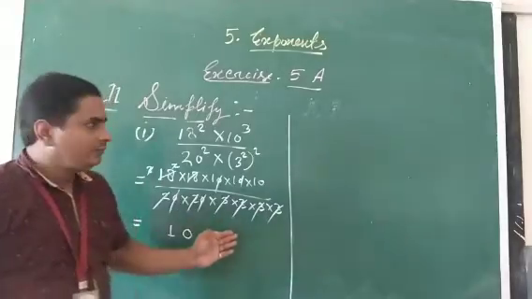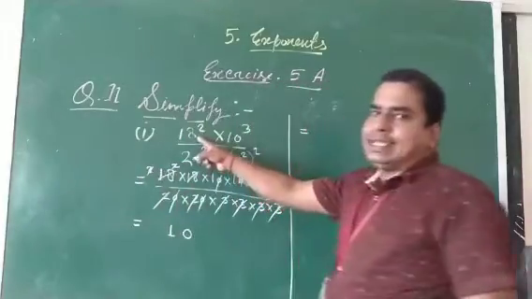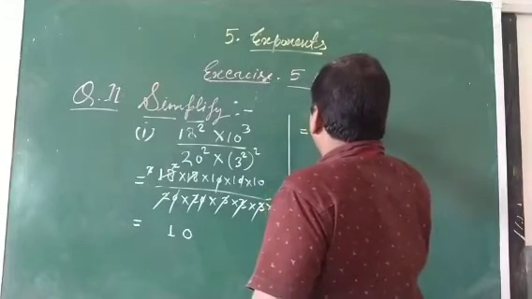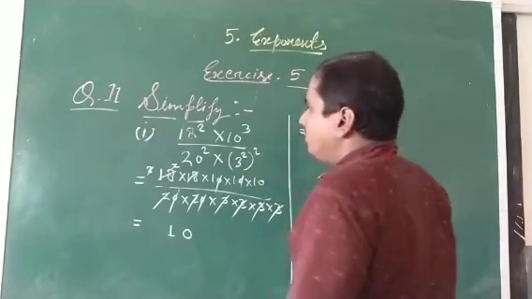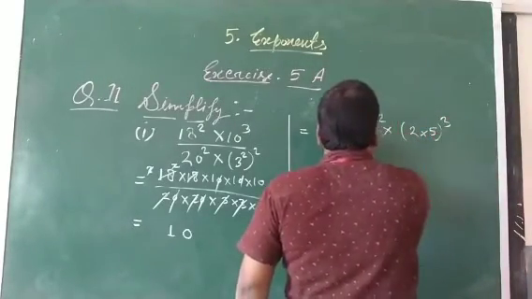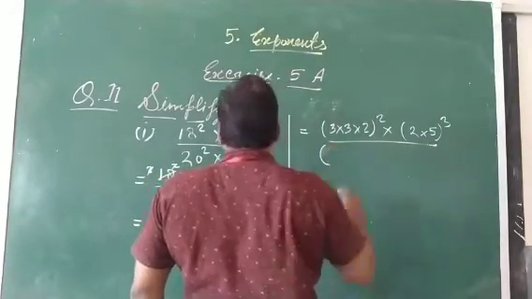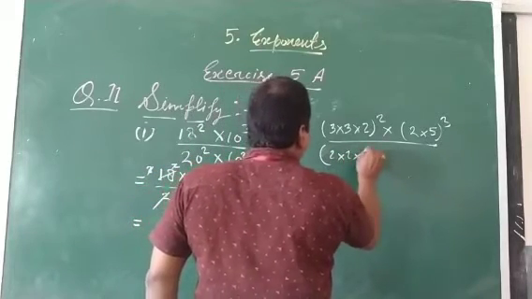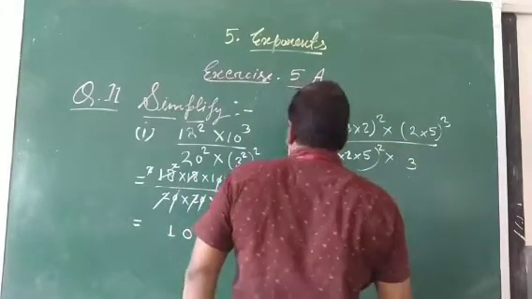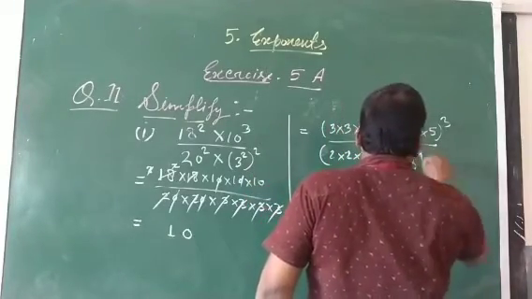Now we can solve this by using the laws of exponent. So first we will write this in prime factorization form. 18 is 3 into 3 into 2, to the whole power 2, into 10, which is 2 into 5, to the whole power 3, upon 20, which we can write as 2 into 2 into 5, to the whole power 2, and here 3 to the power 2 to the power 2, which means 3 to the power 4.